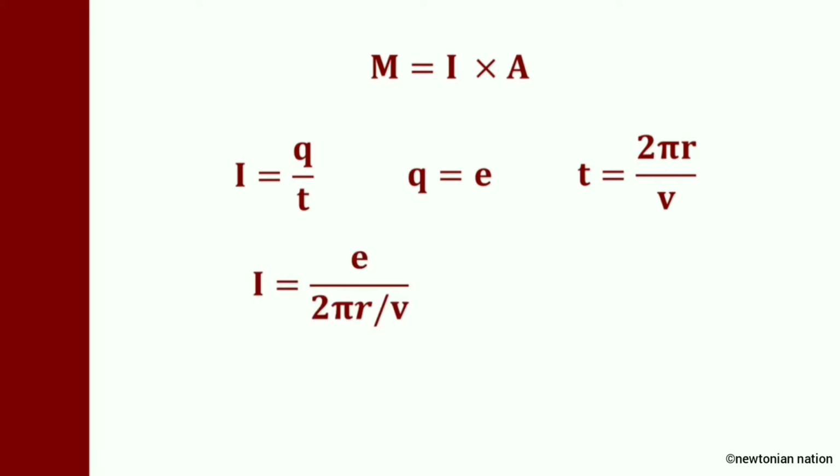When we substitute Q and T in the formula for current, we get I equals E divided by 2 pi r divided by V, which gives EV divided by 2 pi r. And as we know, the area of a circle is pi r square.